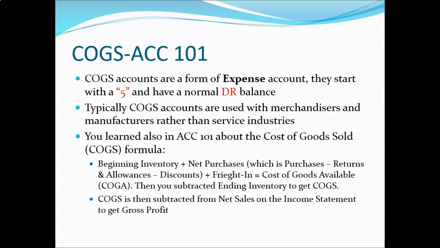The gross profit formula is net sales minus the cost of goods sold, and that gets us gross profit. Gross profit, also known as gross margin on the income statement, is an extremely important number to investors and creditors. So that's why we want the cost of goods sold to be separated out from other types of expenses.